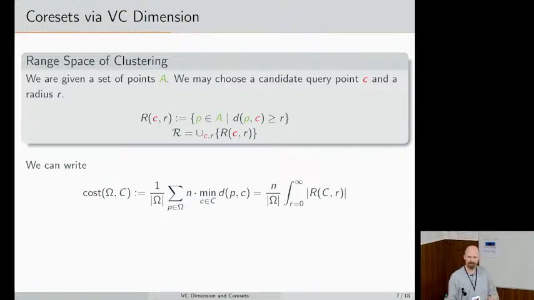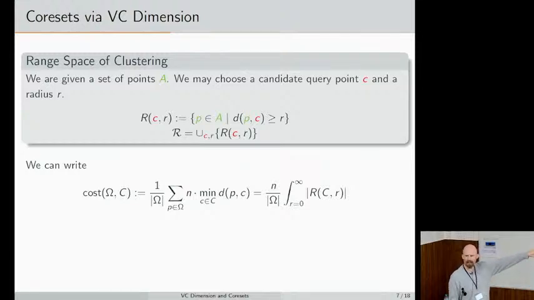So this tells us that if I'm able to approximate these ranges very well, so let's for a moment not worry about how well I need to approximate them, let's say we even have them exactly, then the cost would be perfectly estimated. I just want you to trust me that there exists some approximation. If I can estimate the cardinality of all of these ranges sufficiently well, then I get a good estimate for this cost.